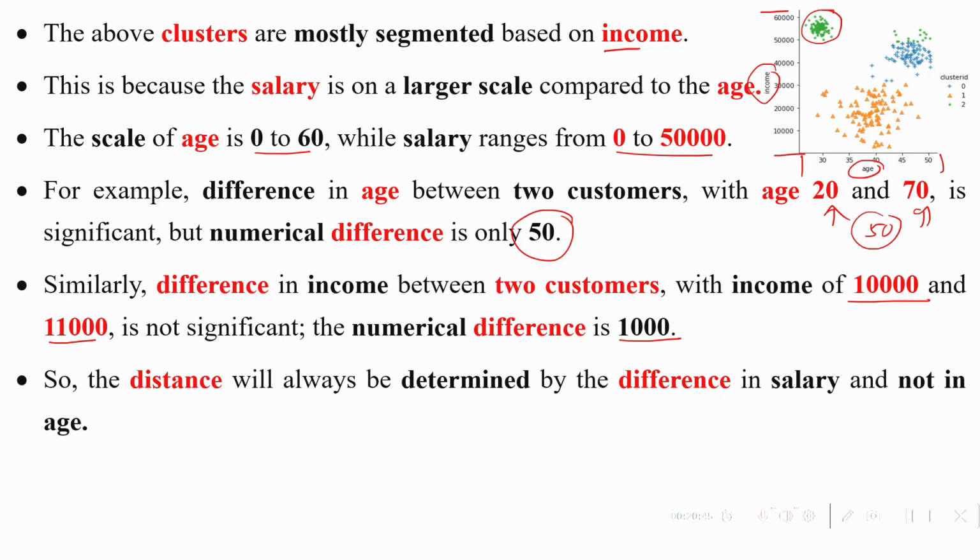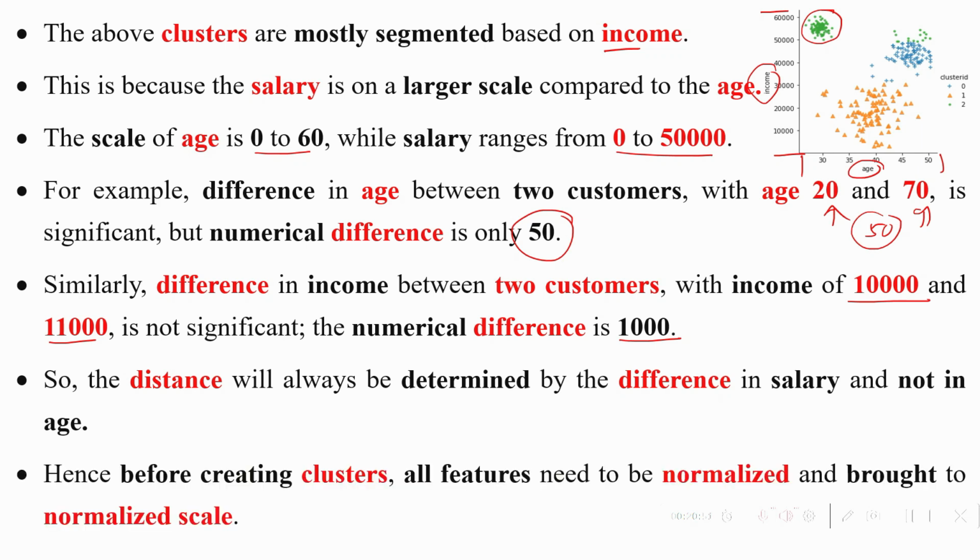Based on income only, we are going to form the different clusters. Hence, before creating the clusters, all features need to be brought to a normalized scale, to avoid confusion between the different values, before applying the clustering technique.